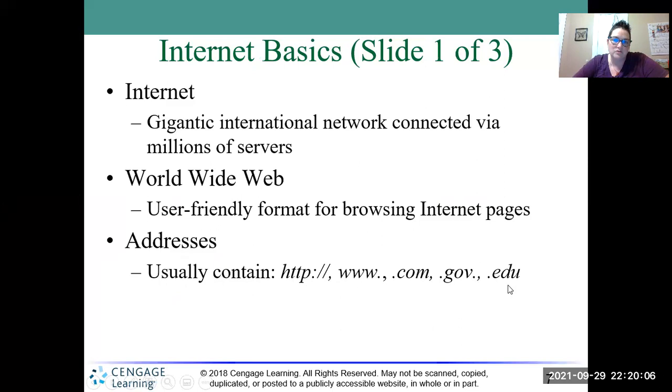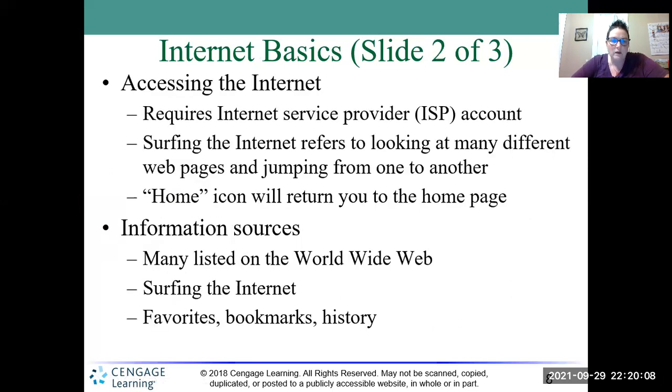So those are some common addresses. Accessing the internet requires an internet service provider, of course. Surfing the internet is just about looking at many different websites, jumping from one to another in search of a particular topic. Your home icon is always going to return you home.